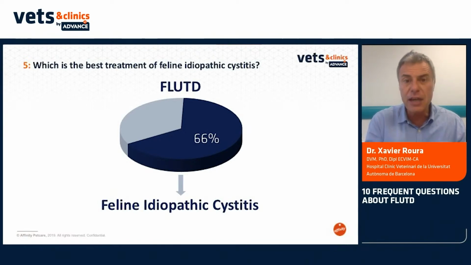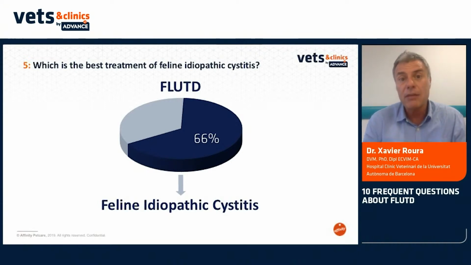When we have this diagnosis, feline idiopathic cystitis, we need to treat. But as the name says, idiopathic, we don't have a perfect treatment because we don't know exactly the cause.